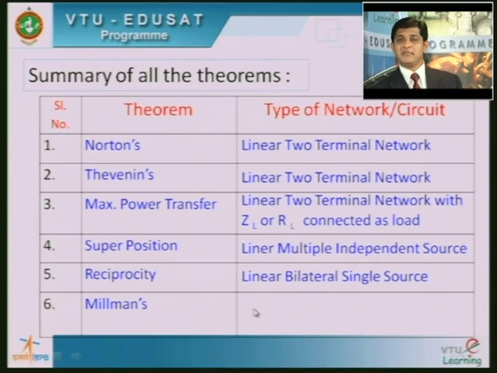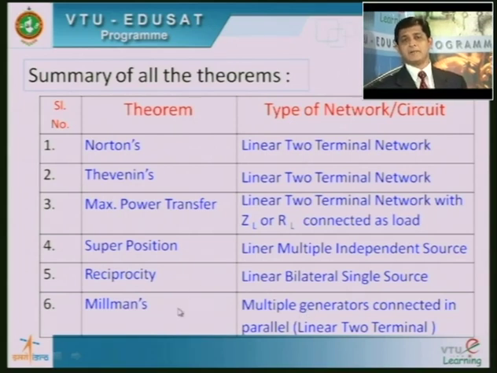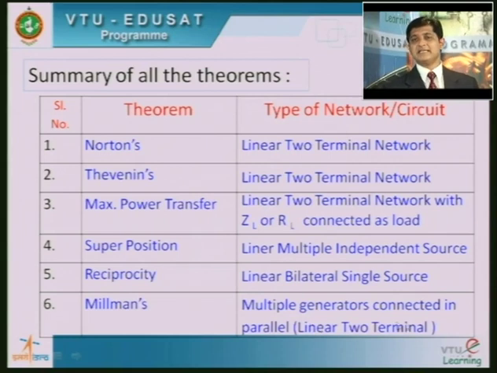Then Millman's theorem, something that we have just seen, deals with multiple generators connected in parallel. Multiple generators connected in parallel means you need to understand each will have its own EMF and an internally connected impedance. If you have such a parallel combination of generators, we can apply Millman's theorem, which again is for a linear two-terminal network.